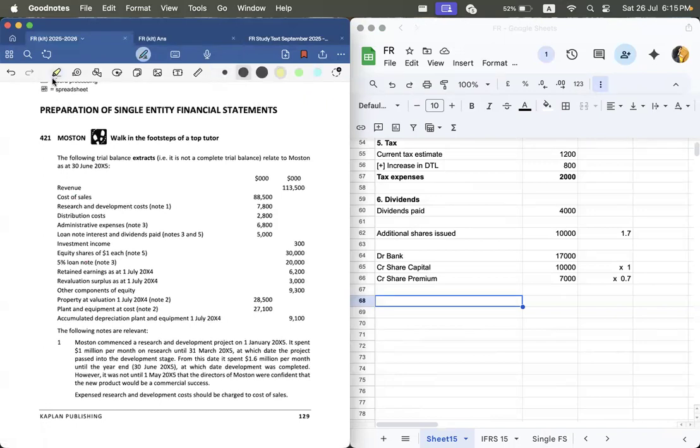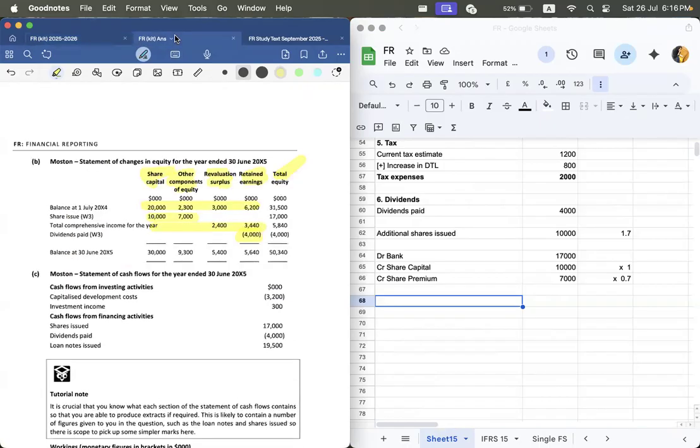I'm just going to mark the SOCE components. So we want this one, other components of equity, this one, and this one. And you're going to straight away take all those values as balance at 1st January 2004. And then you're going to total it together.